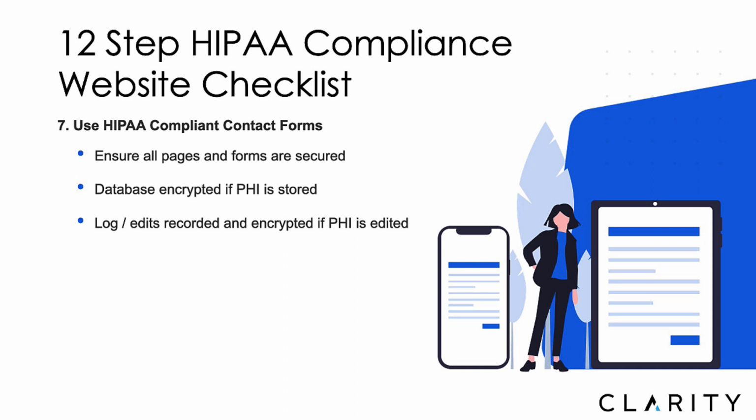That's one thing. But if it's, hey, it's Ron, I'm having shoulder pain, or my diabetes medication doesn't seem to be working as well, and you're allowing for things like that where PHI information can be inserted into the form, then your contact forms also need to be compliant, because this is one that kind of slips through the cracks, right? Everybody thinks about the onboarding forms having to be HIPAA compliant, but they forget about the simple contact forms.